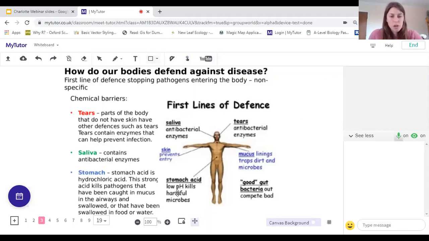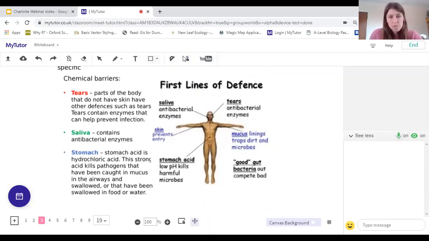We've also got our stomach. We've talked about the skin and about mucus. In our stomach, we have good gut bacteria, which usually outcompete the bad bacteria. So we've got a kind of natural selection of good bacteria within our guts. But our stomach is also full of acid, so it has a very low pH.